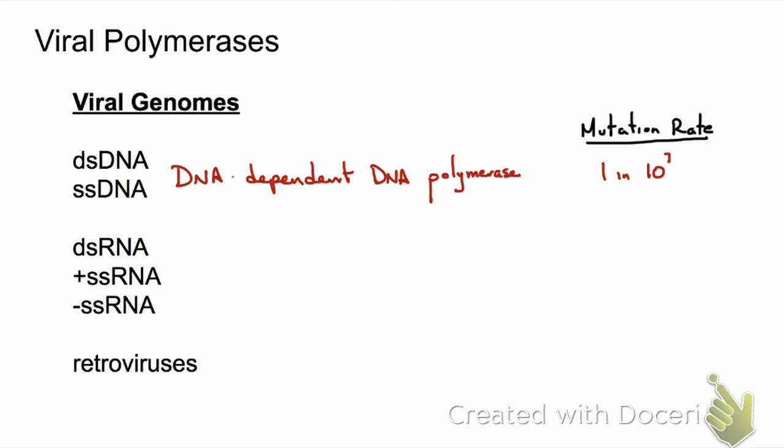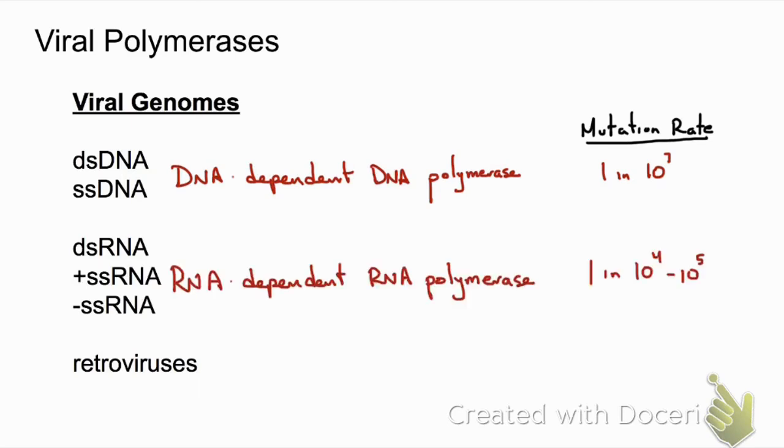Compare this to RNA viruses that encode RNA-dependent RNA polymerases. They use RNA as a template to make more RNA. The mutation rate of these polymerases is somewhere on the order of 1 in 10 to the 4th to 10 to the 5th. In other words, for every 10,000 to 100,000 bases, these viruses are making at least one mistake in replication.